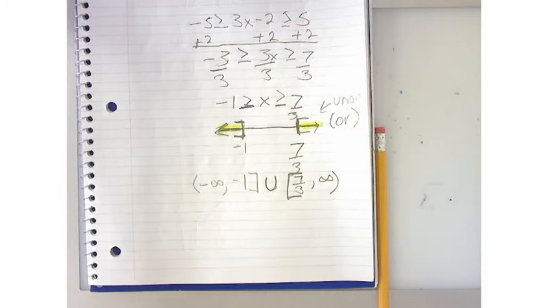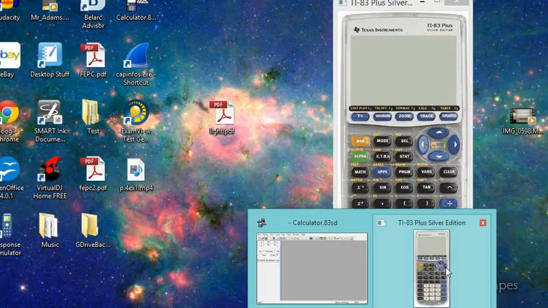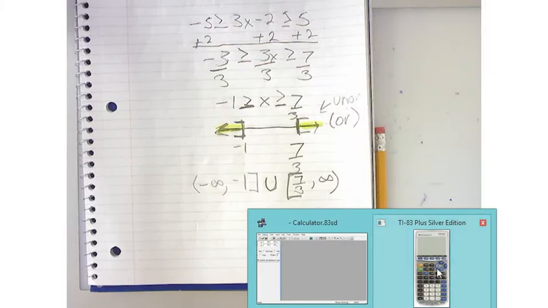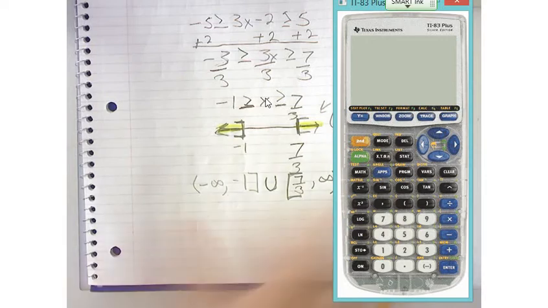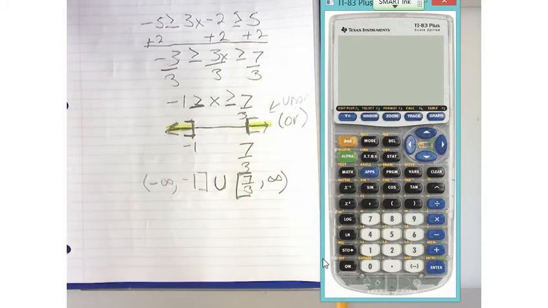Now, if we were to solve this graphically, this would look a little different. So if I come in here and I graph this, what I want to do is graph the original function. The original function this time was 3x minus 2, and we said that it was greater than 5.